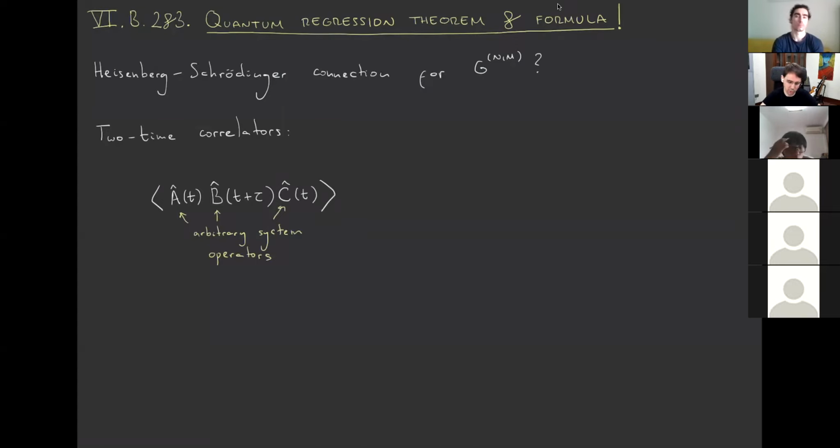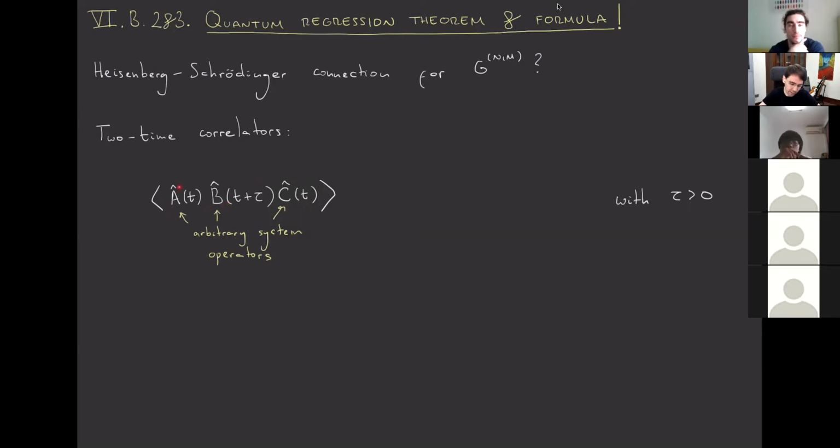And now the question is, if I want to focus on this kind of object, and by the way, I will assume that tau is positive. Therefore, you see that, for example, if C is identity, then you are evaluating the correlation function between A and B in the future.